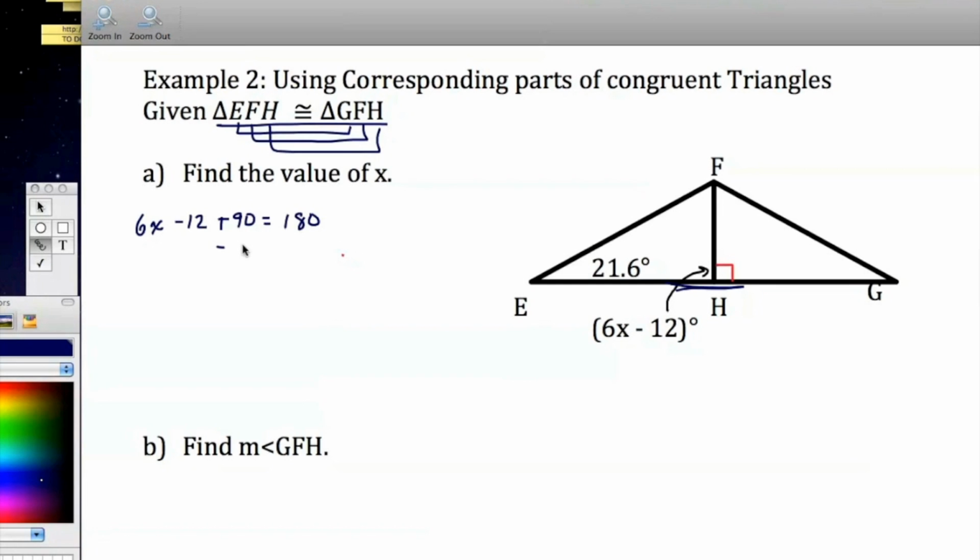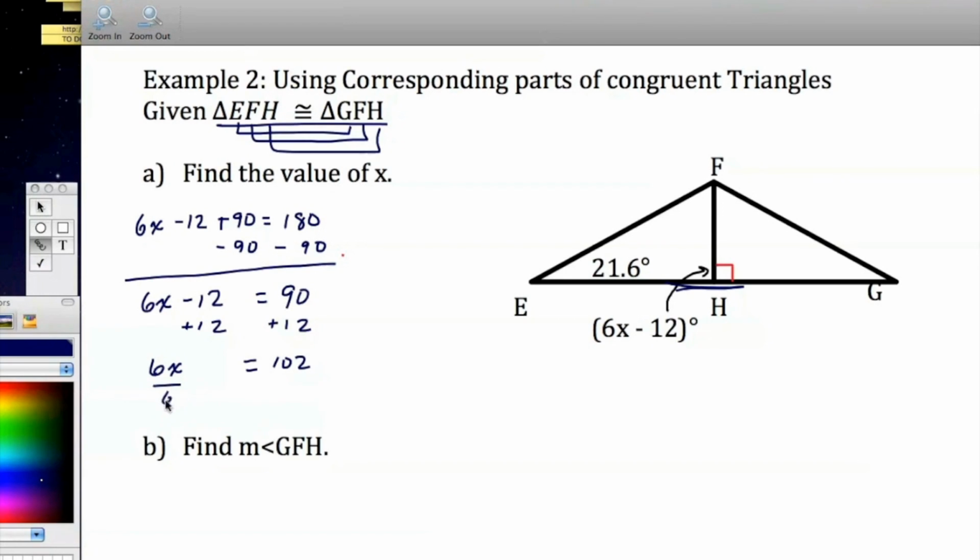When I start to solve for these things, I get that 6x minus 12 is equal to 90. It makes sense because together they're both 180. So I'm going to add 12. So I get 6x is equal to 102. I'll divide both sides by 6, and I get x is equal to 17.